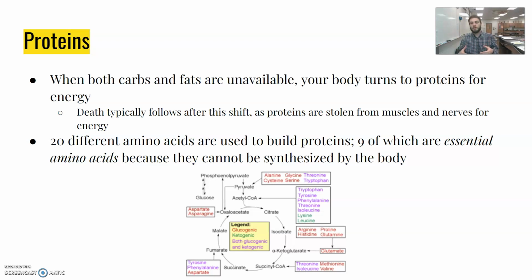Because if you don't have those amino acids, you don't have all the correct ingredients to build the proteins and to build your body. And so usually people that are vegetarian or vegan need a very wide array of different things that they're going to eat to ensure they get all the essential amino acids. That's things like nuts, different legumes and beans, to make sure that they are able to actually function properly.